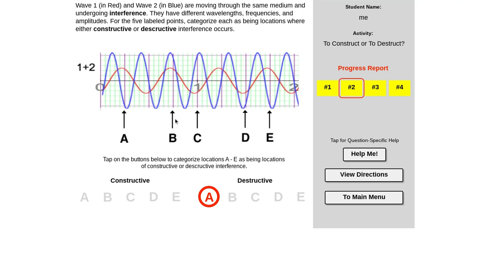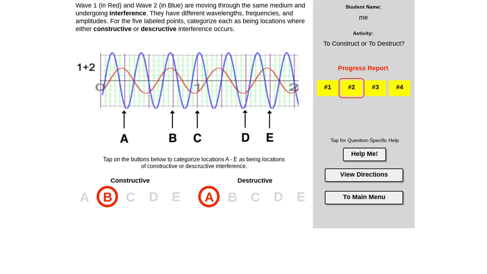At position B, the red wave is in a crest position and the blue wave is in a crest position. Therefore, we have constructive interference at that position. Going on to C, like part A, we just look around. The blue wave is in a crest position and the red is in a trough position.